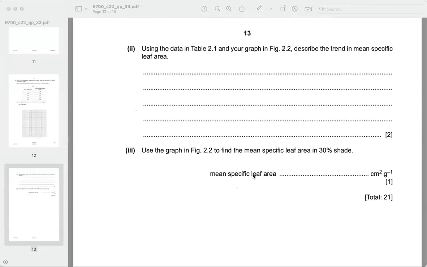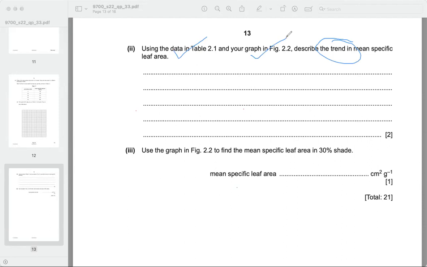And then coming to our last set of questions, which says, using the data in this and your graph, describe the trend in the mean specific leaf area. So here they are asking you for a trend, and if you look very carefully, it is a 2 marker. So first from the data, and then from the graph.